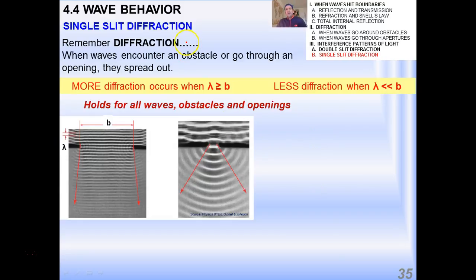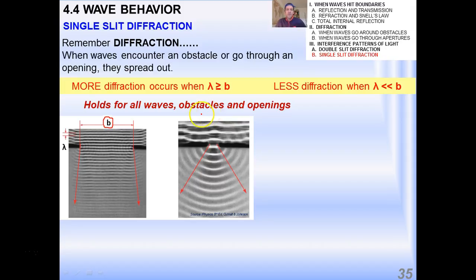Now, remember diffraction. Geez, we've been talking about diffraction and all these wave kinds of things for so long. We're kind of getting sick of it, but I just have to remind you that diffraction is the spreading out of waves, and it occurs when the wavelength, and here is important, I'm calling the opening b instead of w as I was before, and this is going to be good for you higher level kids later, okay?